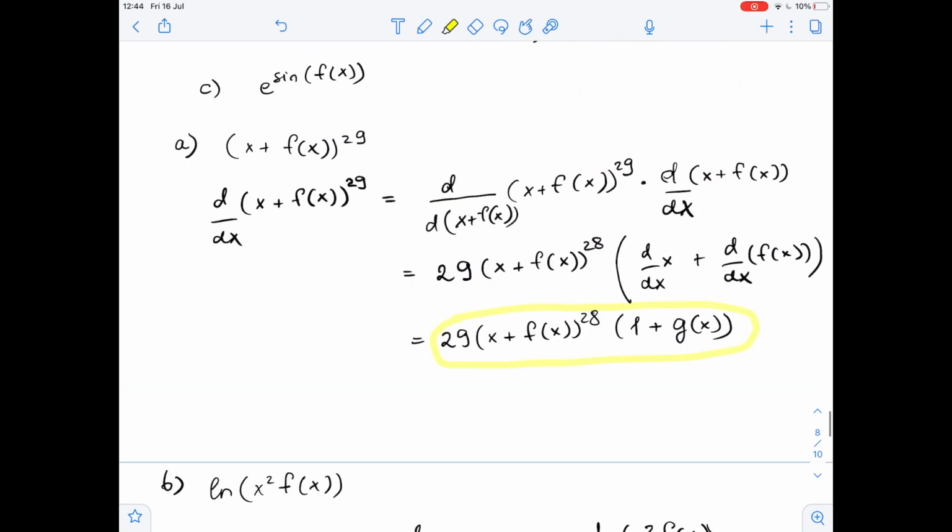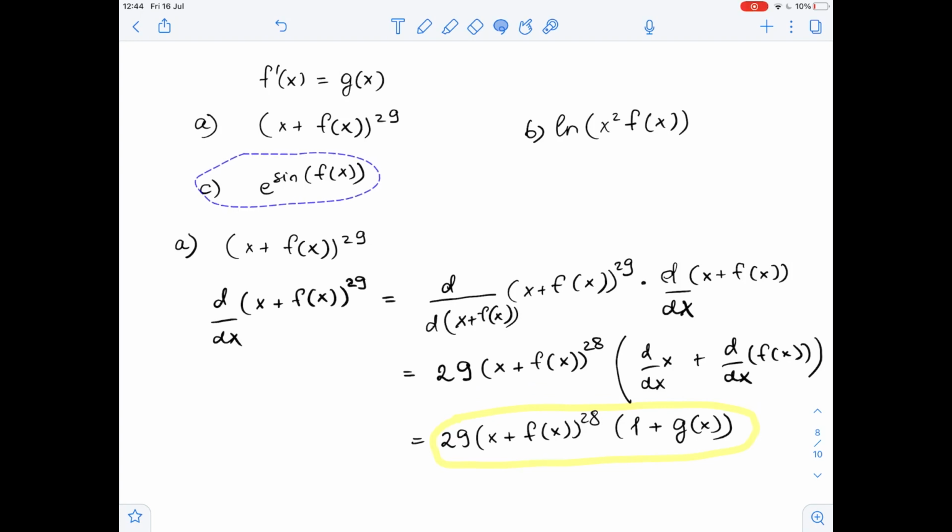Well, now let's do part C. Again, I'll copy paste it.